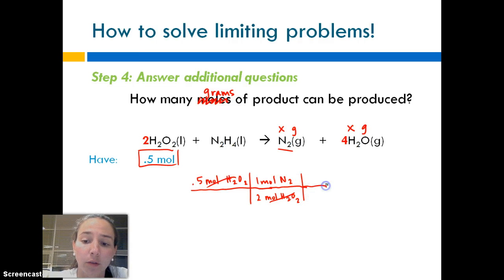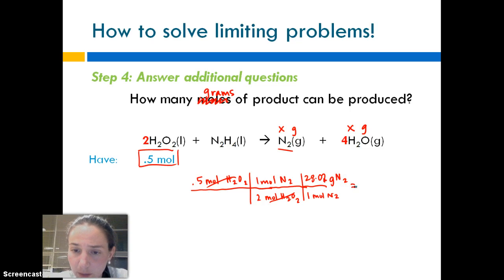And now I'm going to convert moles of N2 into grams of N2. So 1 mole of N2 weighs 28.02 grams, and I got that from the periodic table. Now my moles of N2 cancel, and when you do the math, you get 7.0 grams of N2 gas produced.